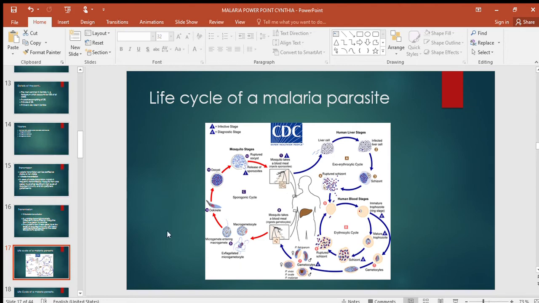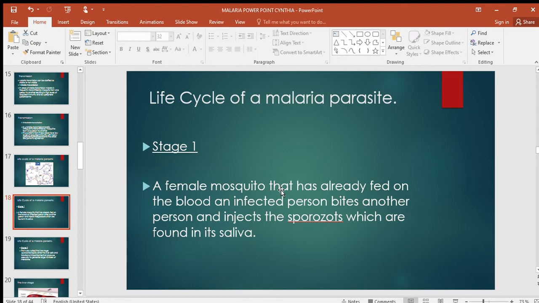As we can see from this diagram, it shows how the malaria parasite is transmitted. Let's look at what happens specifically. In the first stage, a female mosquito that has already fed on the blood of an infected person bites another person and injects the sporozoites, which are found in its saliva.